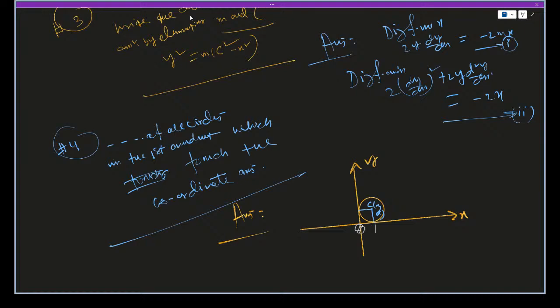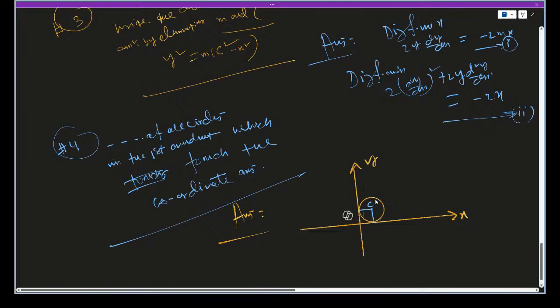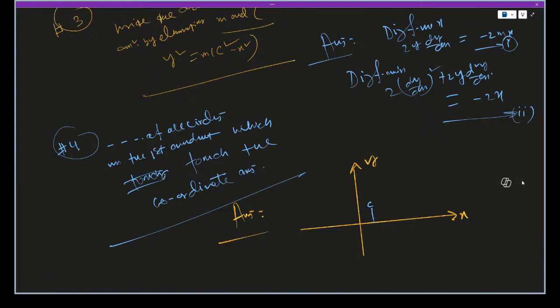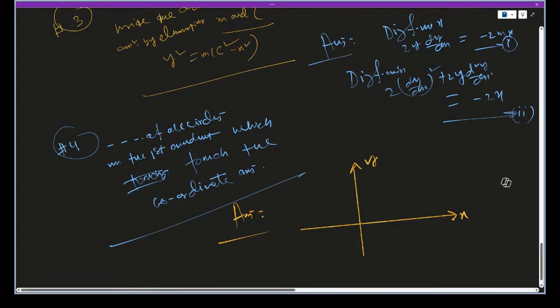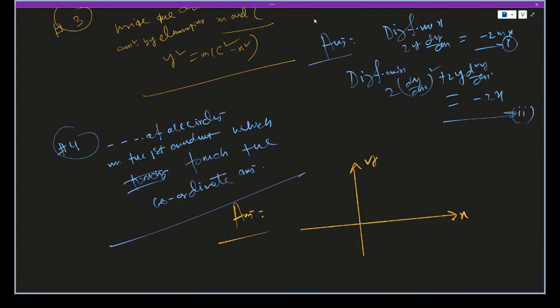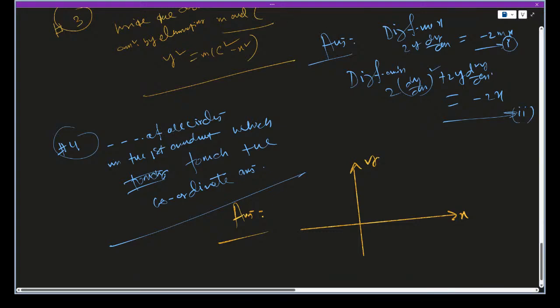Just a minute, I'll show you in a bigger diagram. It is better.